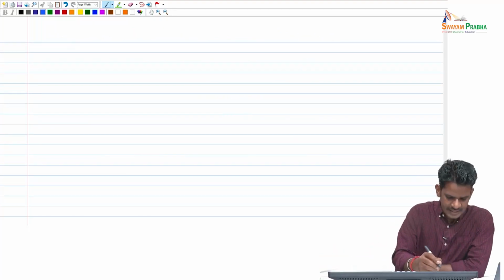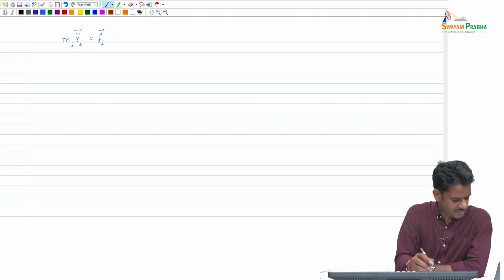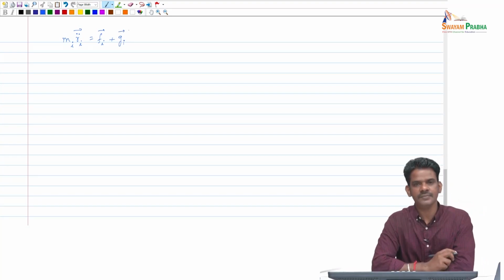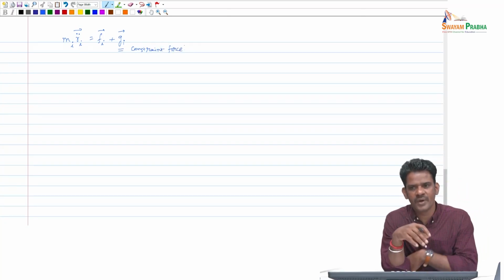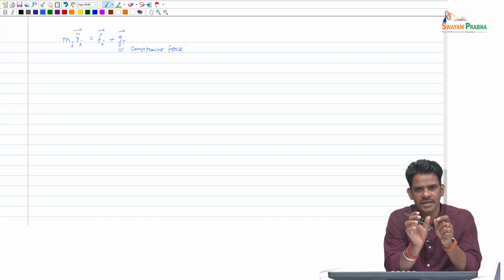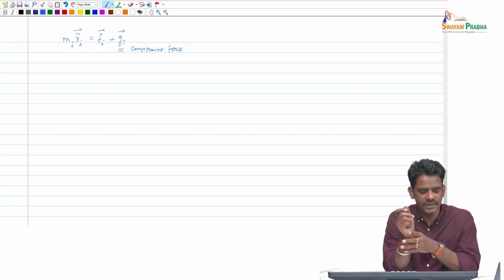So, then the constraint dynamics would be m i as before. So, these terms are similar to what we have done before. In addition to that, we also might have an additional force G. This is called the constraint force.